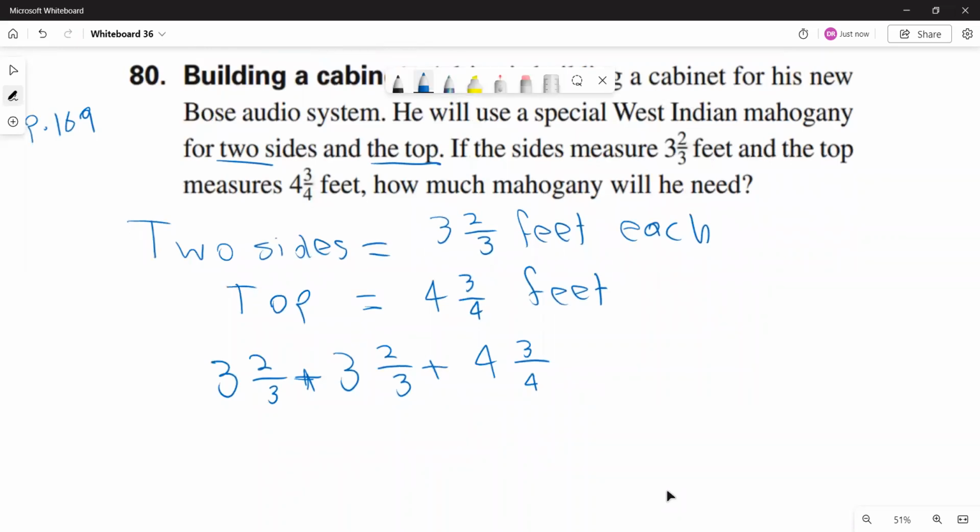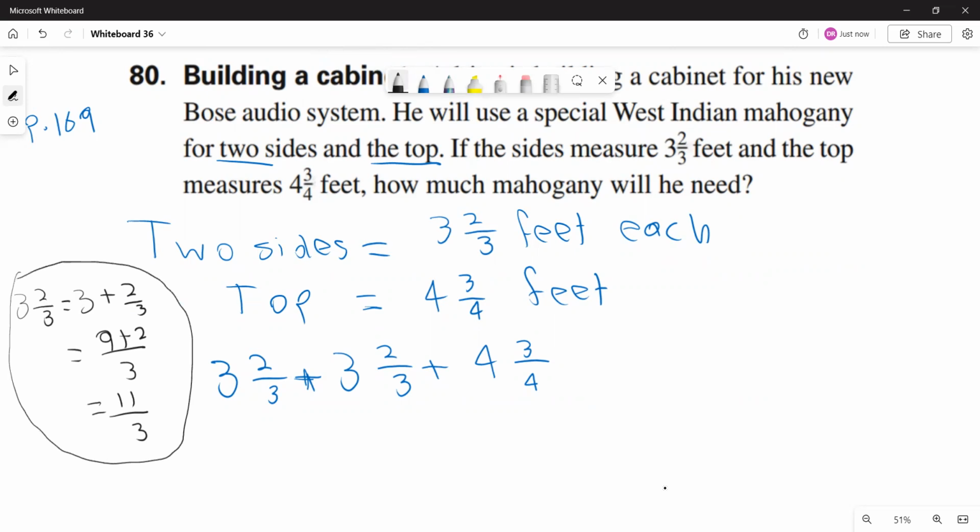But if we are going to add fractions, we need to convert those mixed numbers to improper fractions. So 3 2/3, it's 3 plus 2/3. Common denominator is 3. So that's 9 plus 2, and that's 11/3. And 4 3/4, common denominator is 4.